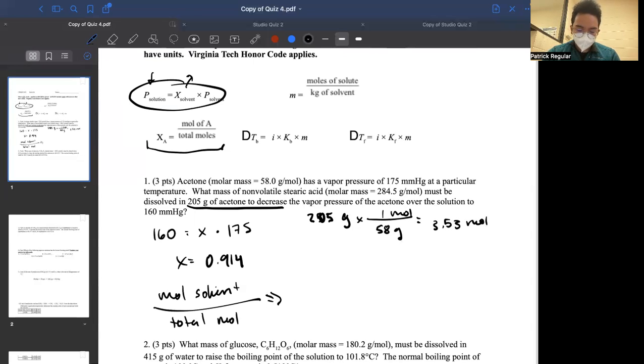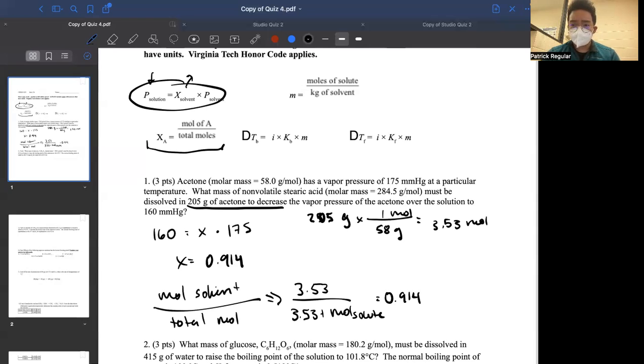Their total mole must be 3.53 plus whatever our solute is, right? Now, if this, by definition, is our mole fraction of the solvent, that must equal our 0.914 we saw before.